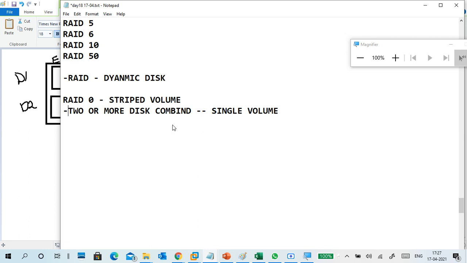That is called a stripped volume. The RAID level is stripped volume. One or two disks we can combine and make a single large volume.